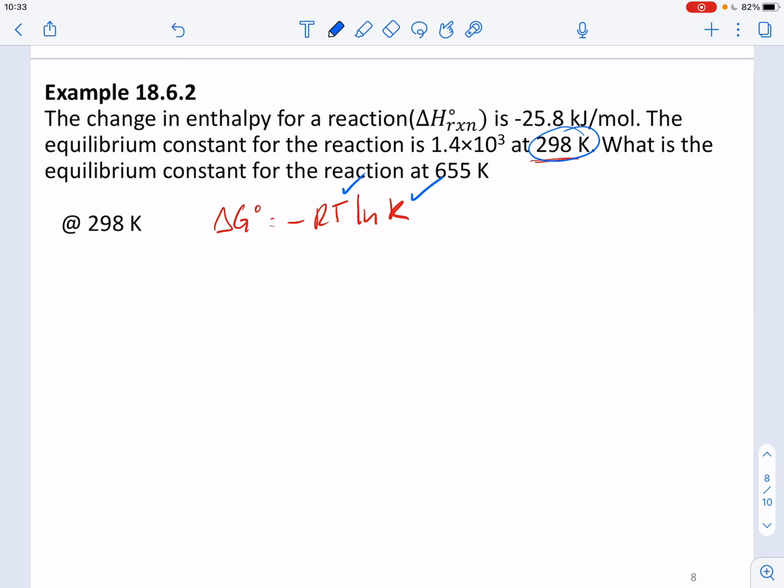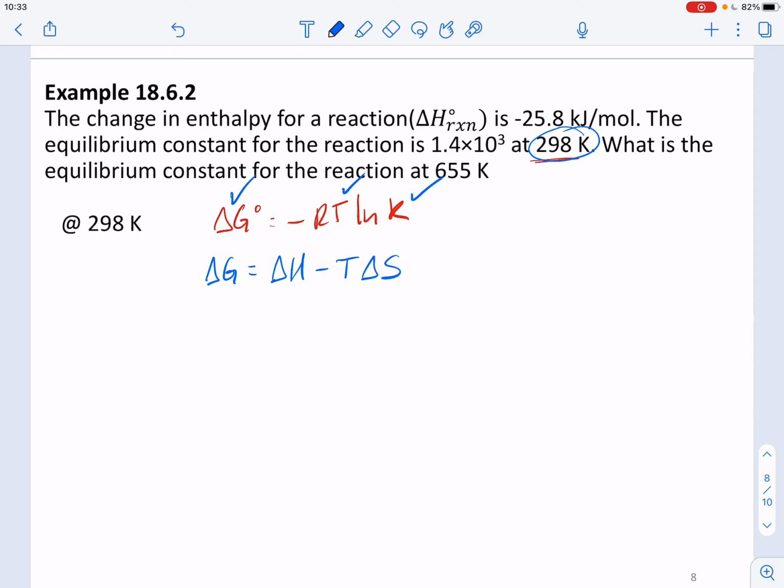And what do you know that relates delta G and delta H? Well, we also have delta G equals delta H minus T delta S, right? And how does that help you in any way? Why would you want to calculate delta S? Because here you can calculate delta G, right?